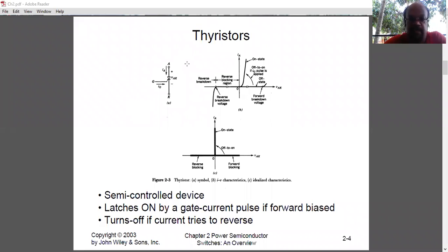It is a three-terminal device, and we have NPN, a three-layer device. So not only does the device have to be forward biased, there is also a triggering signal that we have to apply to the gate region. After that only it starts conduction. Once it starts conduction, the remaining things are similar to that of a diode. But here, until the triggering signal is given, even though the voltage is applied, it will not turn on.